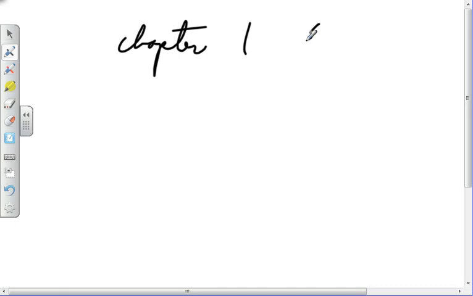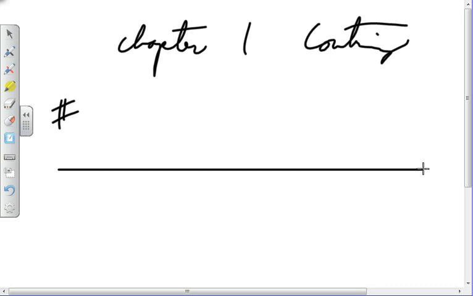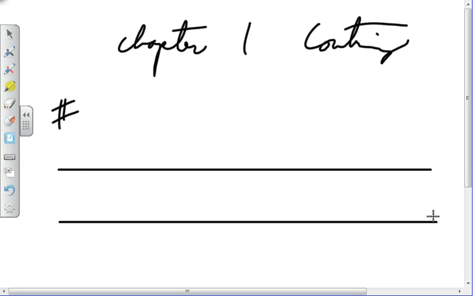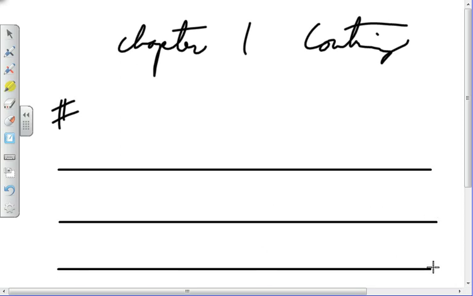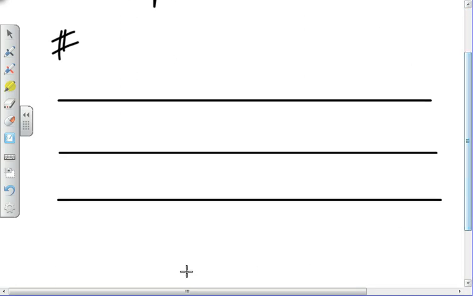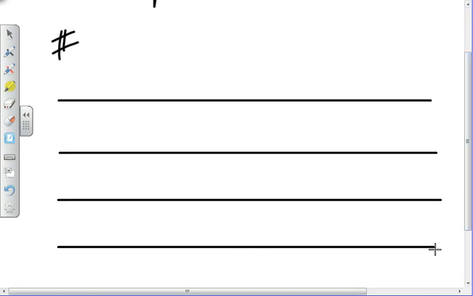So we're in chapter 1 and we're continuing with chapter 1. The first thing we're doing is problem number 1. We're almost all the way through. Is that enough lines? One more.